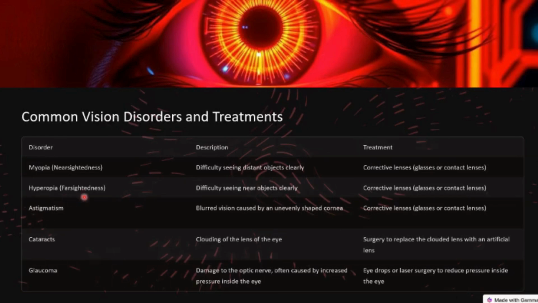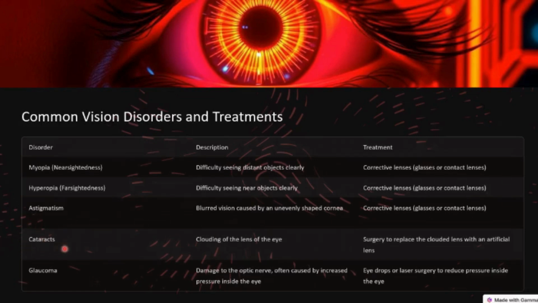Hyperopia, farsightedness: difficulty seeing near objects clearly. Here also we need corrective lenses, glasses or contact lenses. Then we have astigmatism, which is blurred vision caused by an unevenly shaped cornea. Here also we need corrective lenses, glasses or contact lenses.